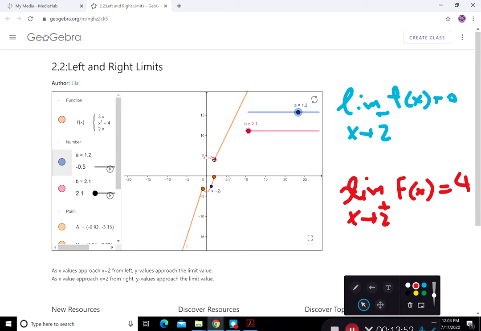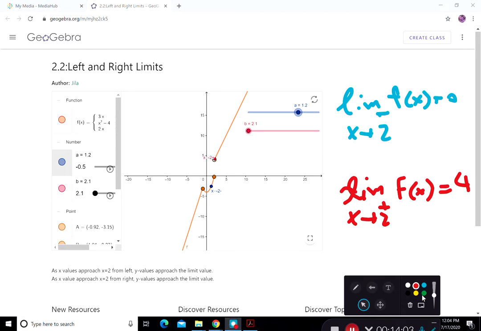Incidentally, in this case, that prediction matches the value of the function at 2. The function at 2 is equal to 0. At 2, this point is part of the function right there, and it equals 0. And how about the right limit?